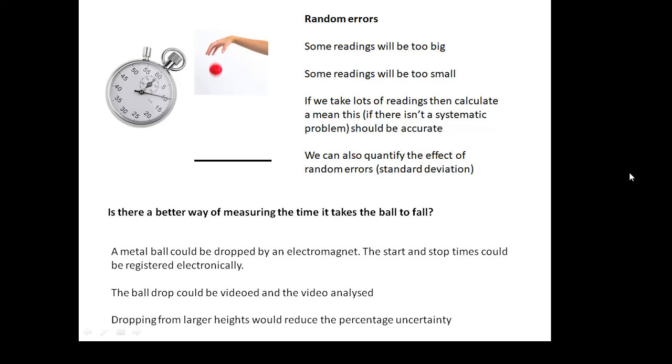Maybe we could video the ball falling and then analyze the video afterwards. And another point is if we drop the ball from larger heights, then that would reduce the percentage uncertainty. The bigger something is, the more accurately we can measure it.